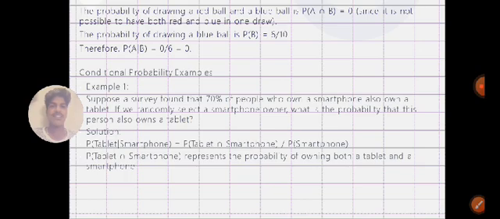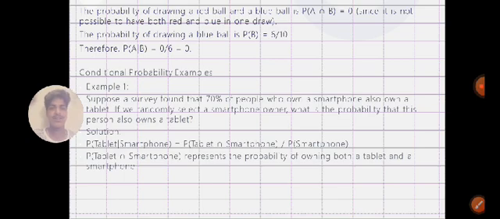Conditional probability examples. Example 1. Suppose a survey found that 70% of people who own a smartphone also own a tablet. If we randomly select a smartphone owner, what is the probability that this person also owns a tablet?